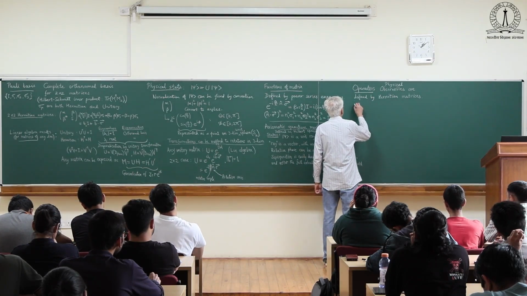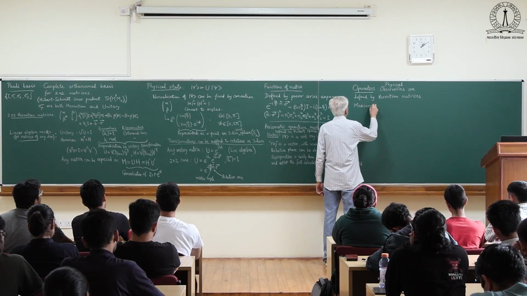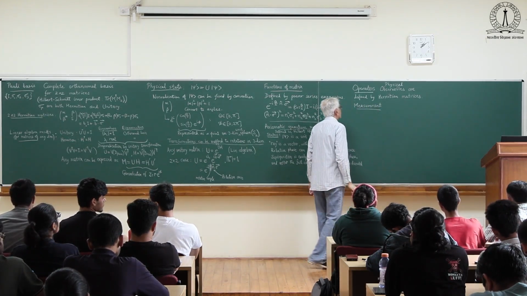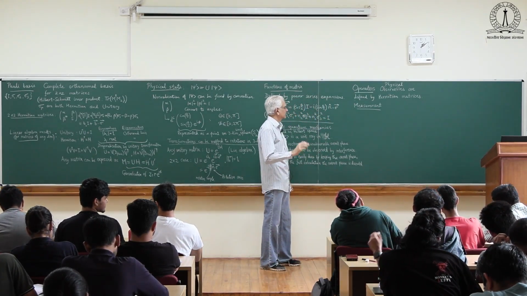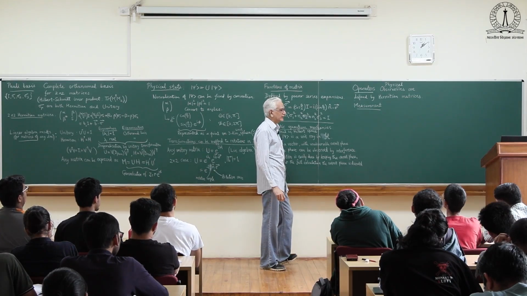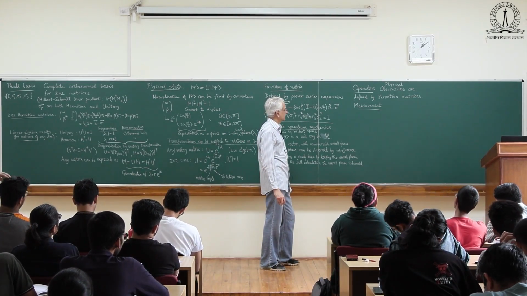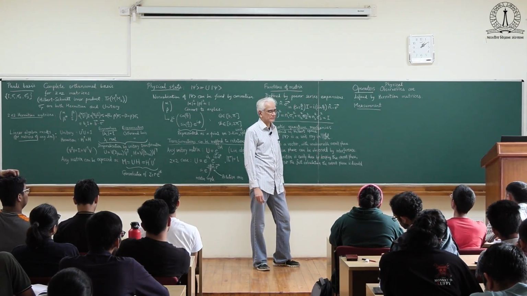Then there is a third label, which is kind of peculiar in the case of quantum mechanics, and that is what happens when you try to measure a particular state.